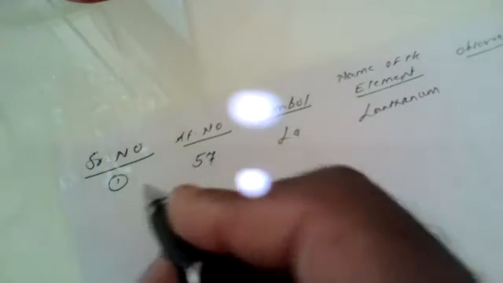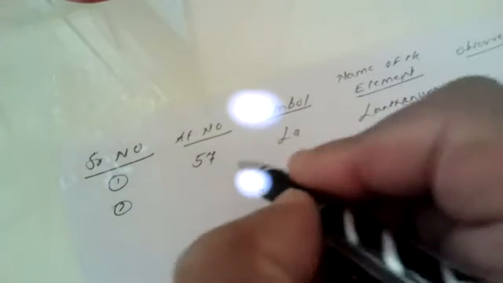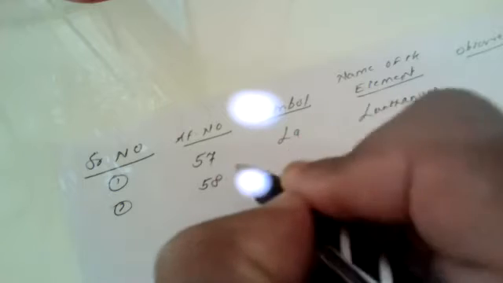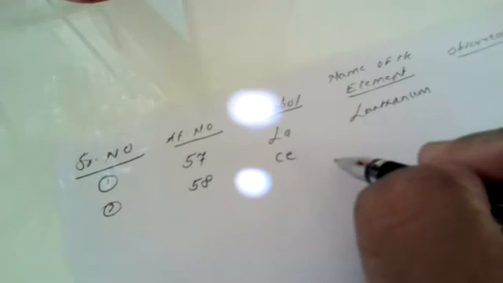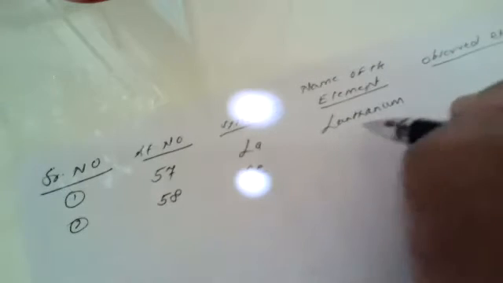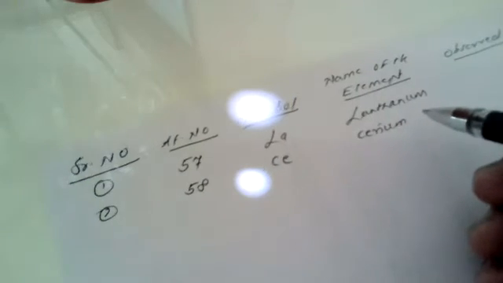You have to write side by side. The second member has atomic number 58. Symbol is Ce, C capital, E small, known as cerium. The second member is cerium.